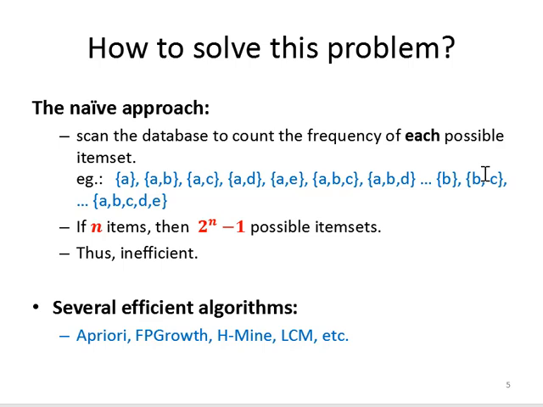So how to solve the problem of frequent item set mining efficiently in terms of time or memory? The solution is to use some efficient algorithms that have been proposed before, like Apriori, FP-growth, H-mine, LCM, and so on.